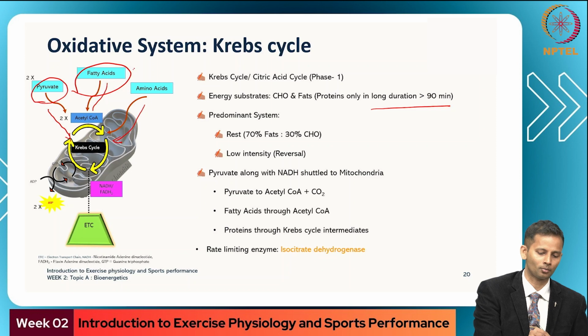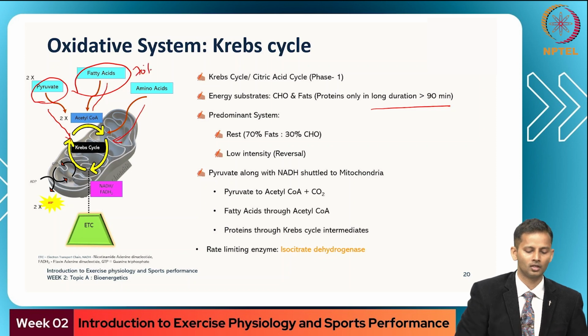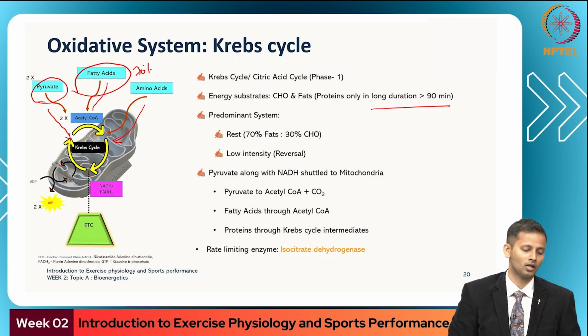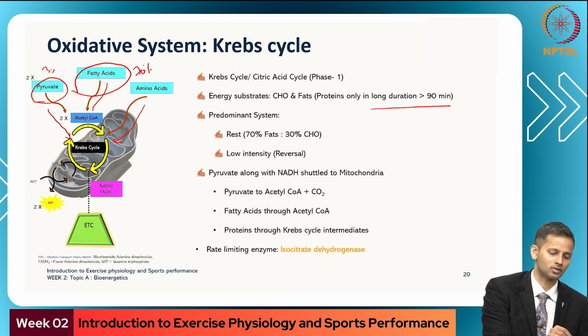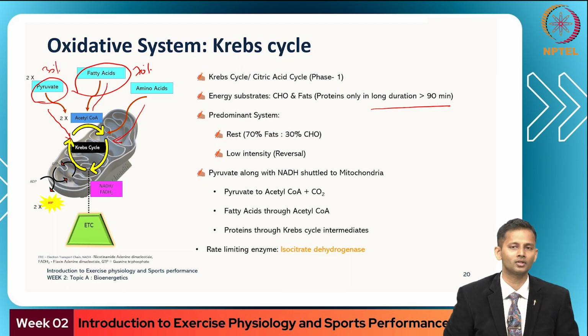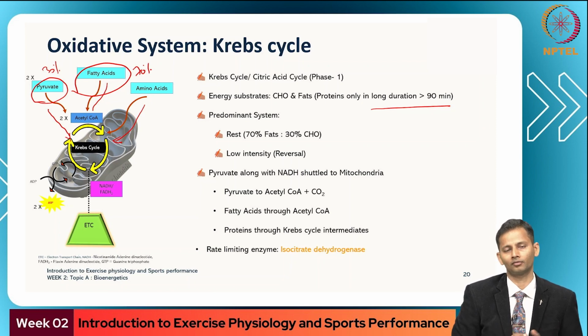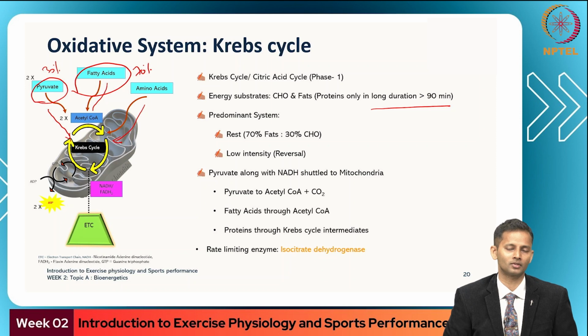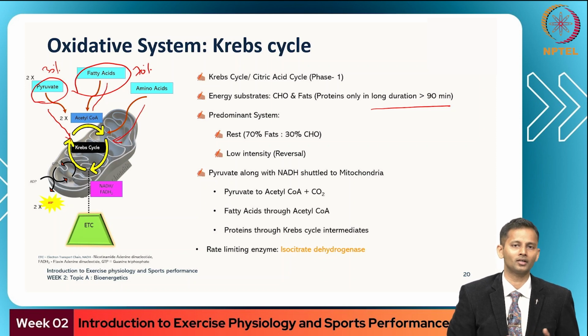So the fat contributes 70% if you are at rest, and the remaining 30% is contributed from your carbohydrates. Whereas when you do some activity, there may be a reversal of the contribution with respect to carbohydrate and fat, depending on the demand imposed by the activity and the training that you undertake over a period of time. That will be dealt with separately in another session.